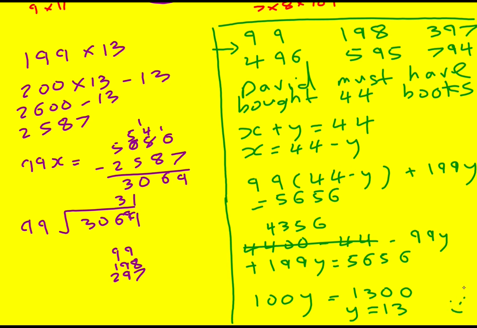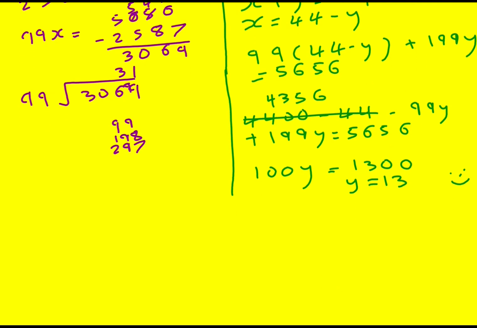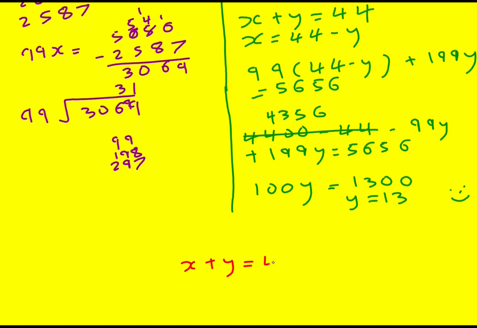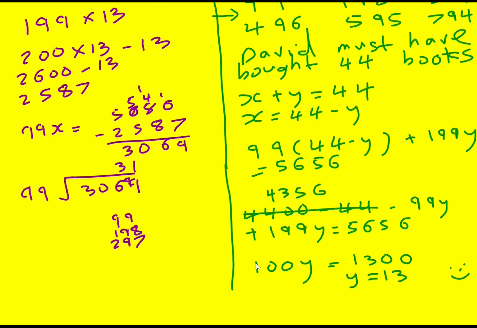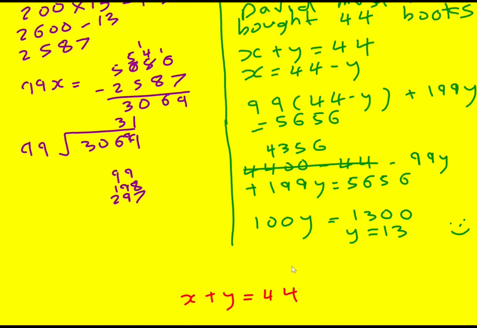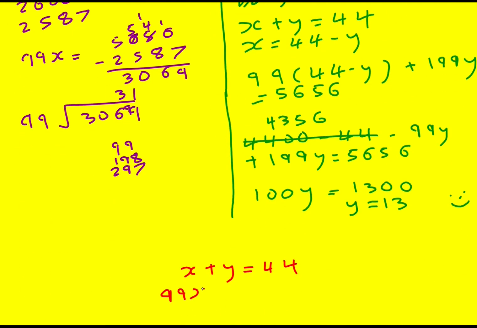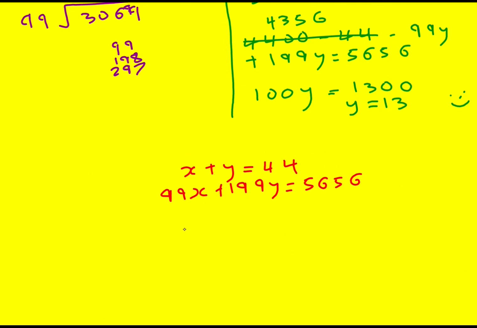So that's pretty nice. Now, if you can spot it, there's an even nicer way. I did not spot it, I've got to say. So we've got x plus y equals, what was that? Already forgotten, 44. And then remember it was 99x plus 199y is 5656. Now, if you add them together, we get 100x plus 200y is 5700.